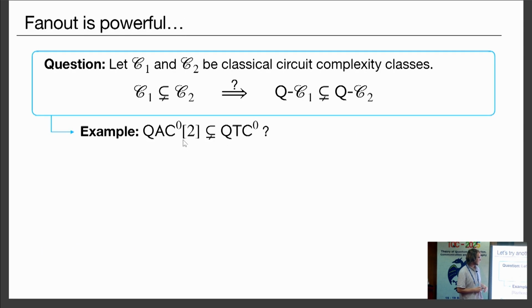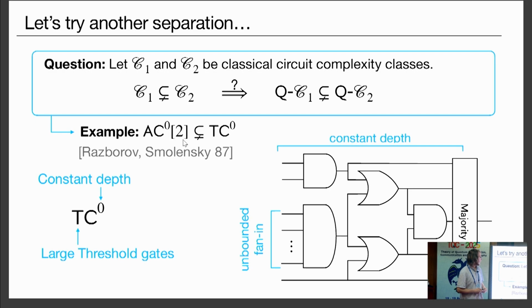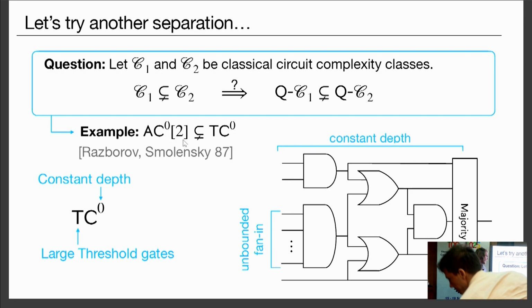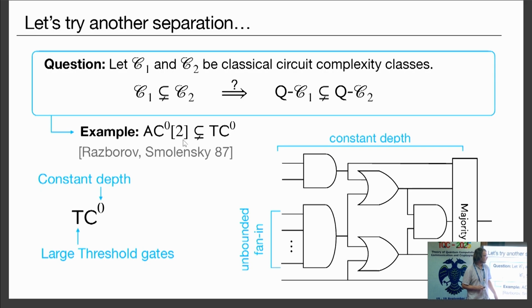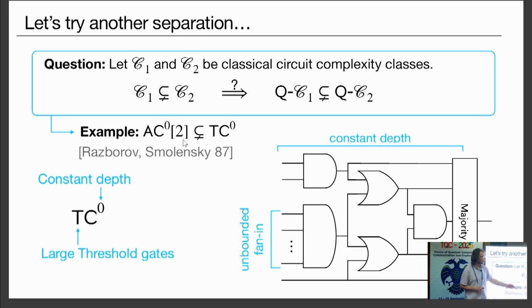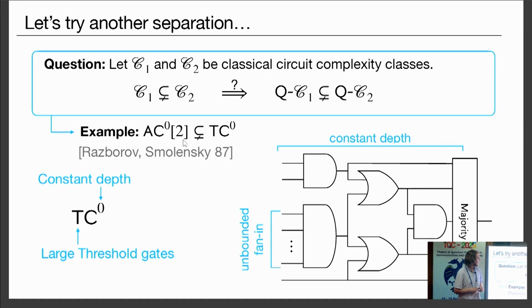And 0 again means constant depth. It was first proven by Razborov and Smolensky in 1987 using the so-called polynomial method that even with mod 2 gates, there are still functions you can't compute. In particular, you can't compute this majority function.